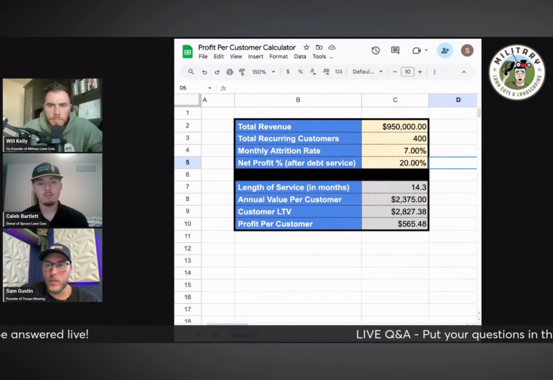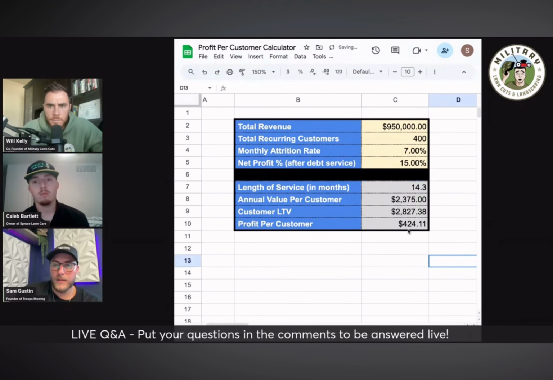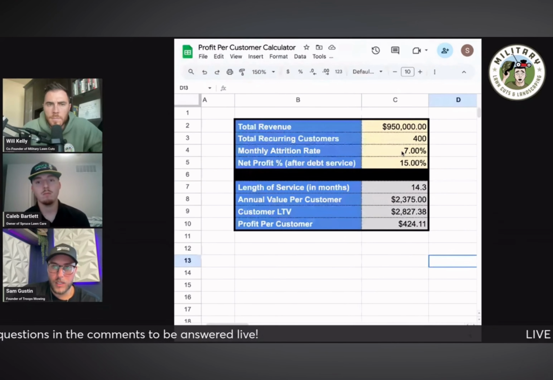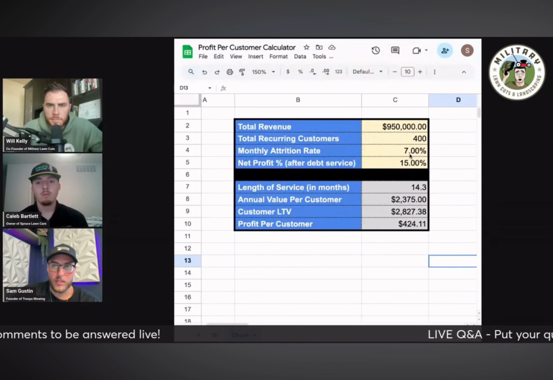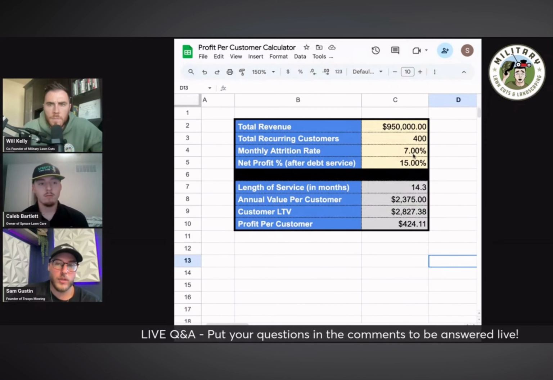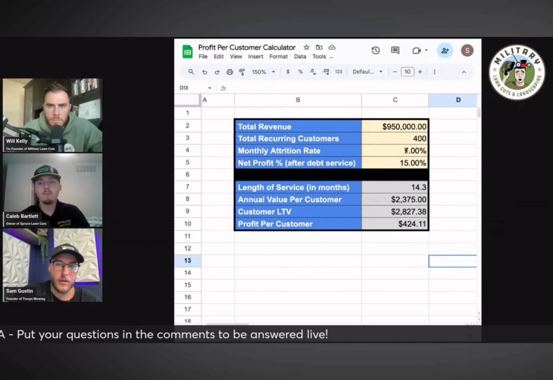So a few different levers that we can pull, if we're paying attention to this bottom line, let's say our net profit is 15% and our monthly attrition rate is 7%. If we break this down, our customers on average are staying with us for 14.3 months if our monthly attrition rate is 7%. How you get that number is you take 1 divided by your monthly attrition rate.